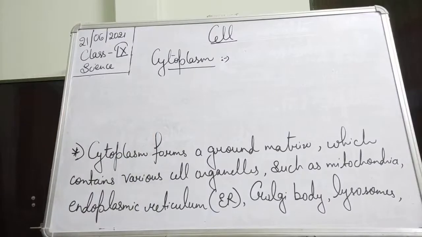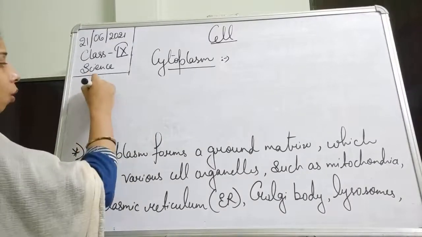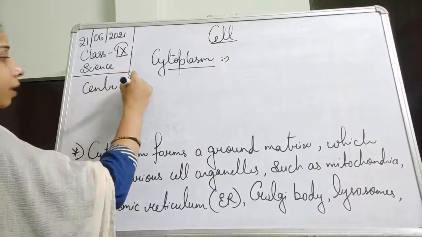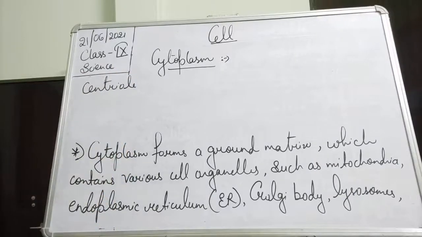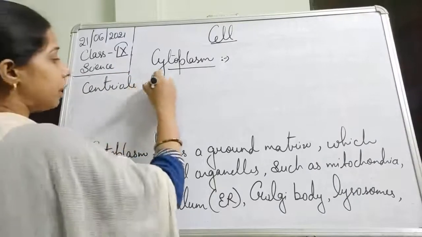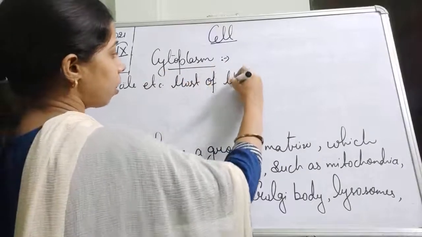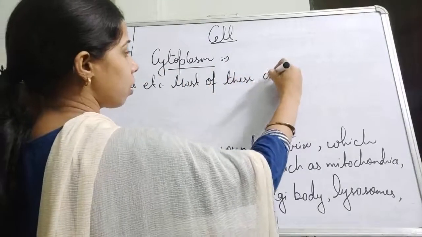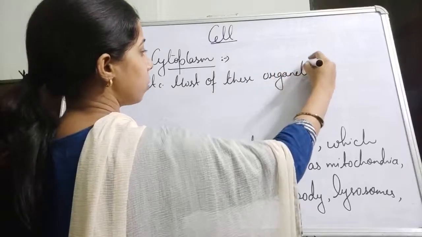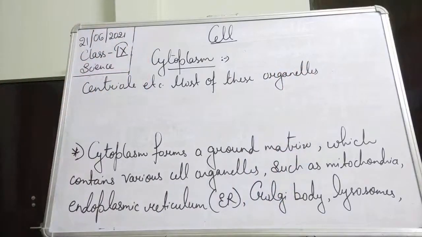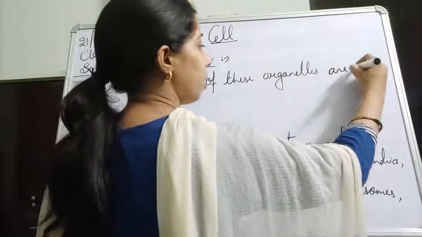So, lysosomes, centriole, etc. And most of these organelles are enclosed by membrane.